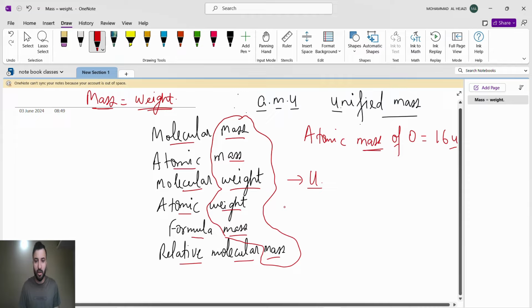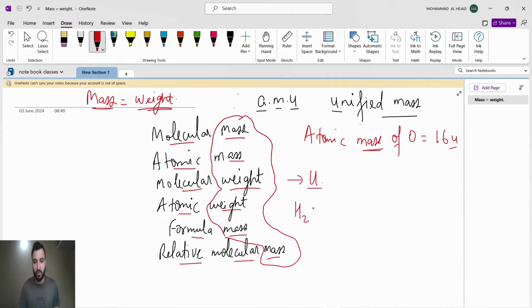If I talk about the mass of H2O, in the last video we found out the molecular mass of H2O. So this is atomic mass and this is molecular mass, because oxygen is an element. Element is made up of the same kind of atom.